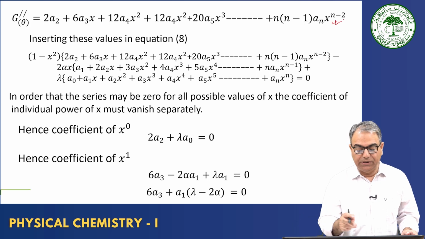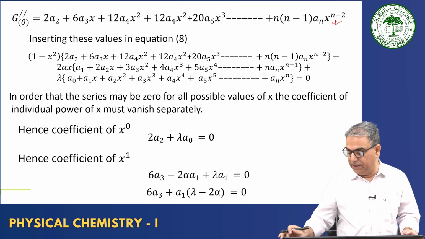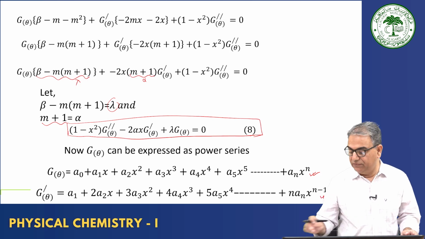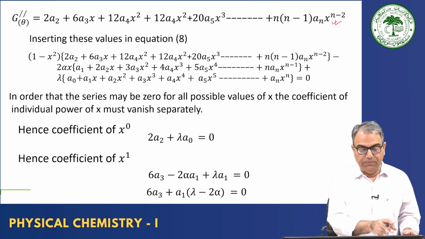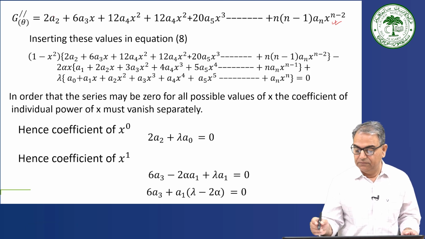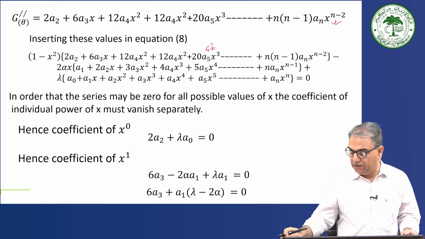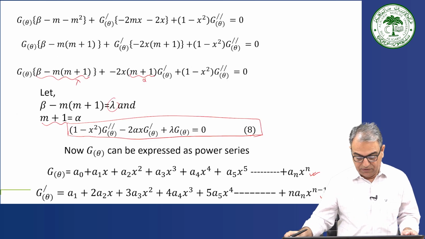And again you put, inserting these values in equation number 8. I said equation number 8 was very simple. So first you will put 1 minus x square, and g double prime theta is this one. This is your g double prime theta. Okay. And then you have 2 alpha x into g prime theta.